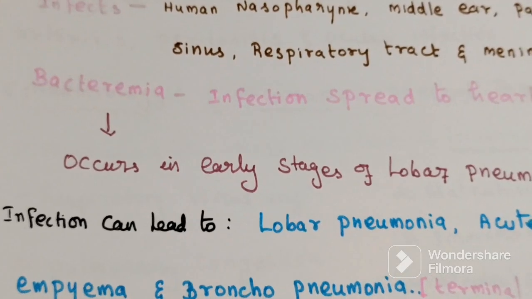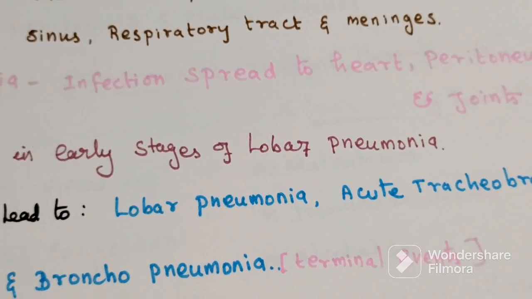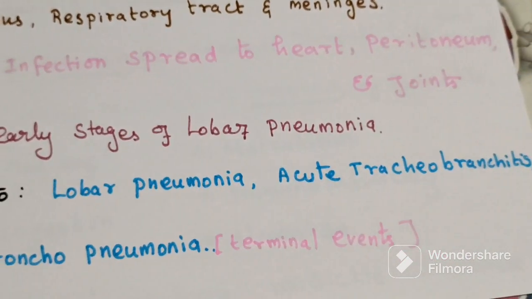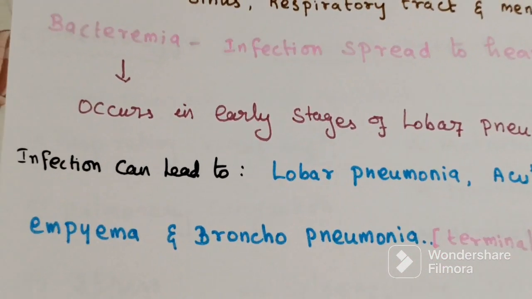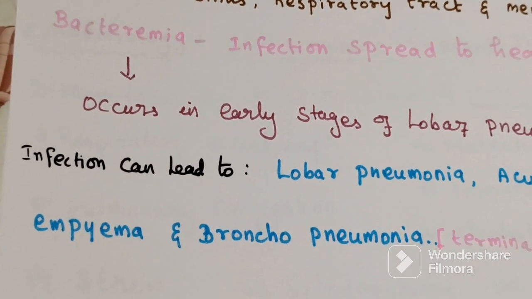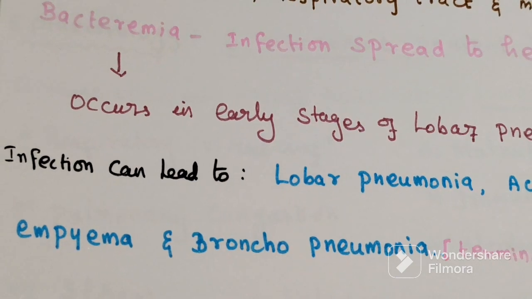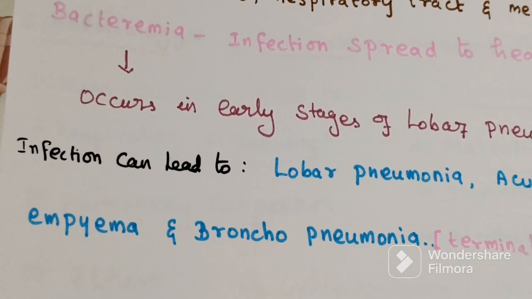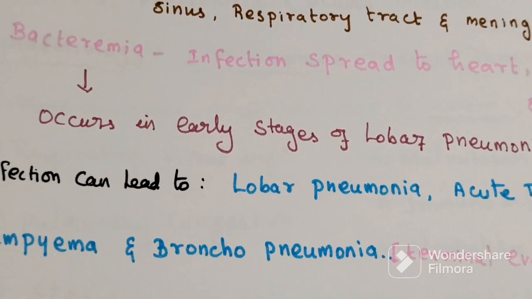Infection can lead to lobar pneumonia, acute tracheobronchitis, empyema. Empyema means a pocket of pus that has collected inside a body cavity. Then bronchopneumonia.